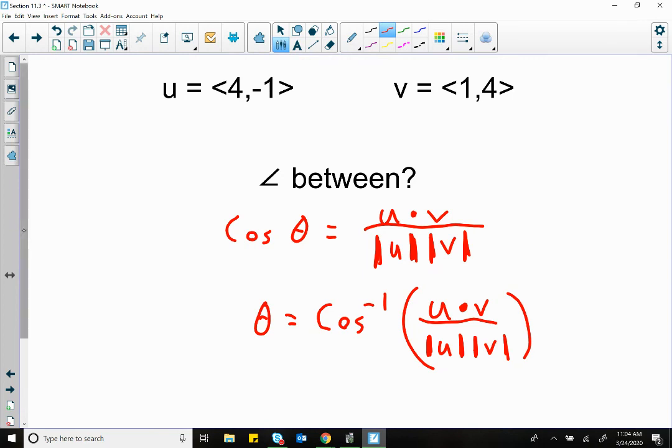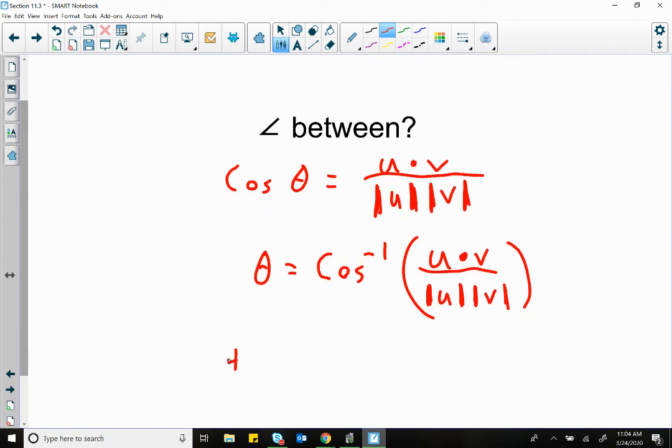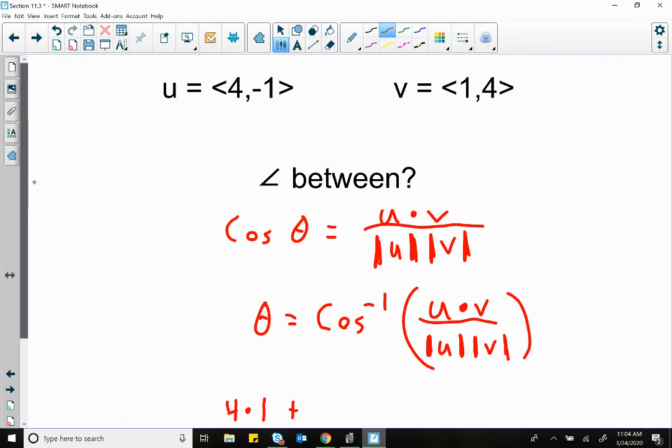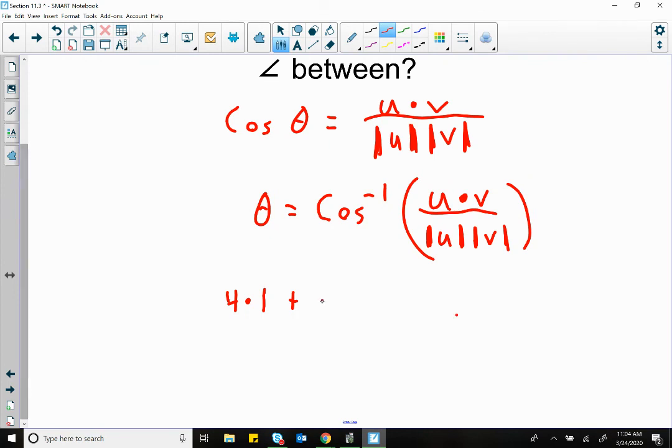So our x's are 4 and 1. And we're going to add that with our y values, -1 times 4. So that's 4 plus -4, so that is 0. So there's our dot product.